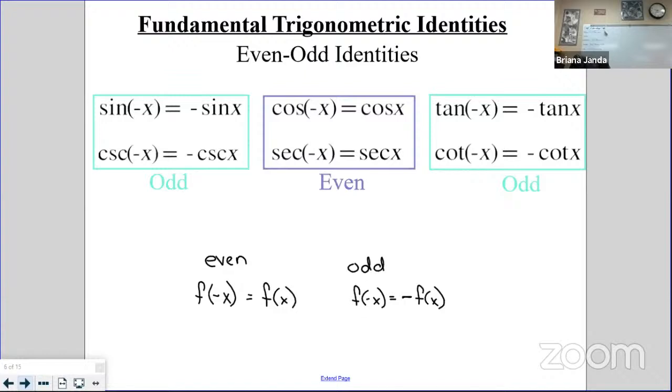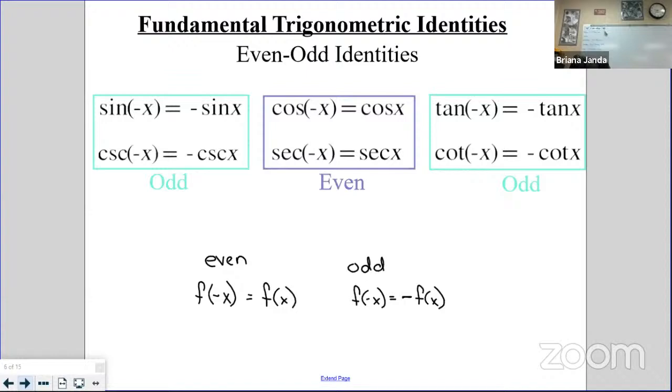But the two that are even, kind of just like inverse trig, are the ones that didn't play by the same rules, right? Cosine was defined in a different place than sine and tangent. Well, same thing here. Cosine and its reciprocal secant are the only two even functions, meaning if I plug a negative into them, I just get the original plain old cosine of x or secant of x.